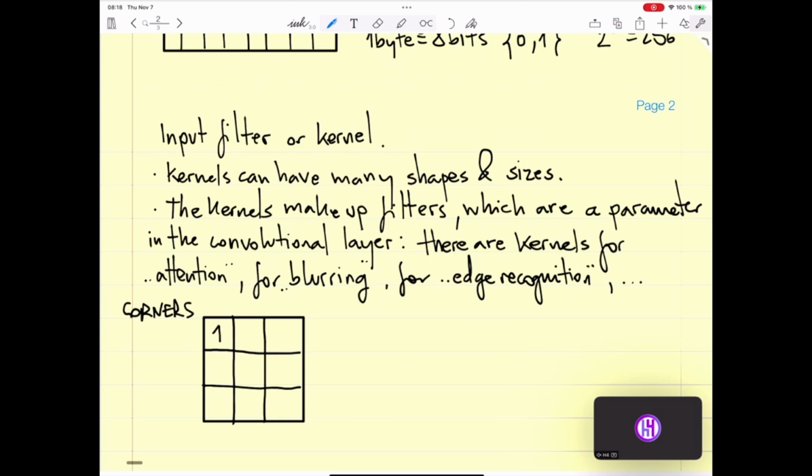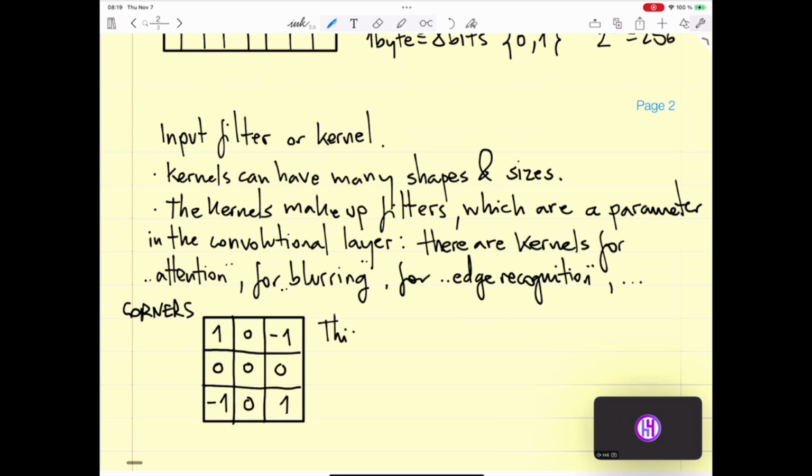It has 1 and 1 there, -1 there, and then 0, 0, 0, 0, and 0.